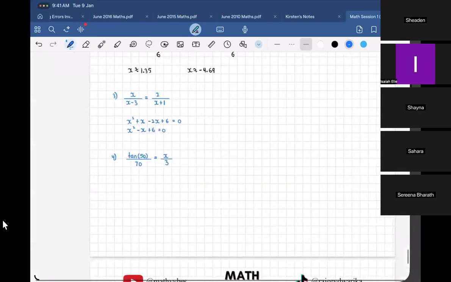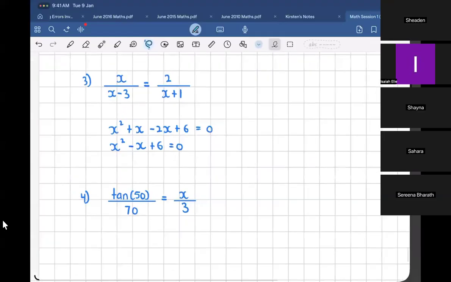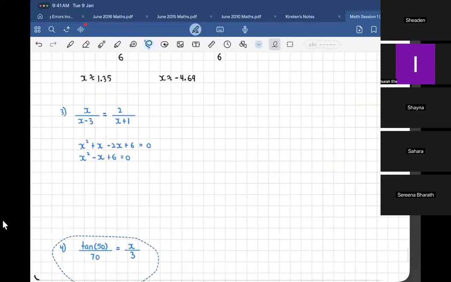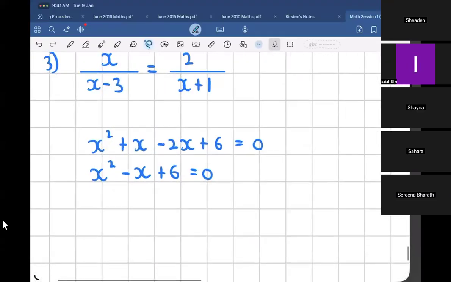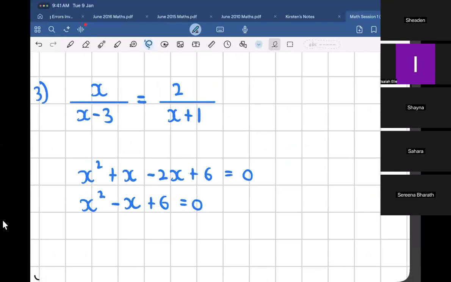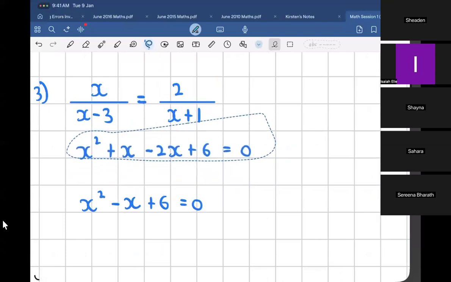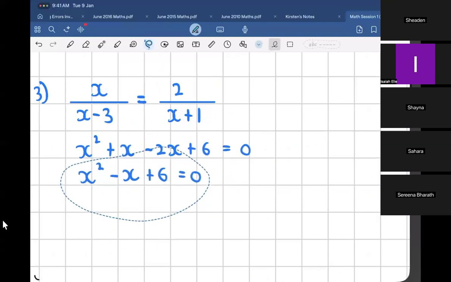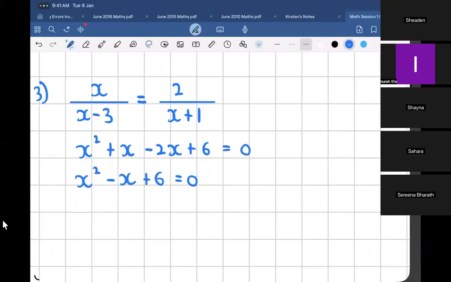We can solve this normally. You see how fast I do that? Are you going to develop that skill soon? Does that look like something we could factorize? To get x squared, that'll be x by x.